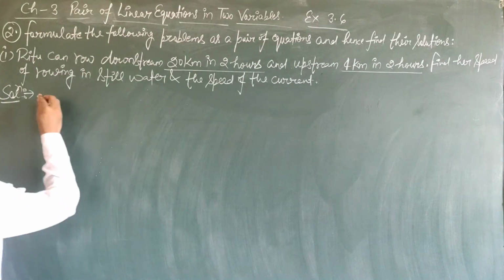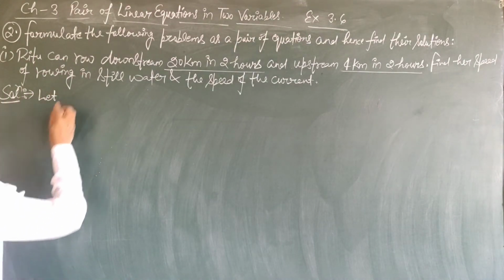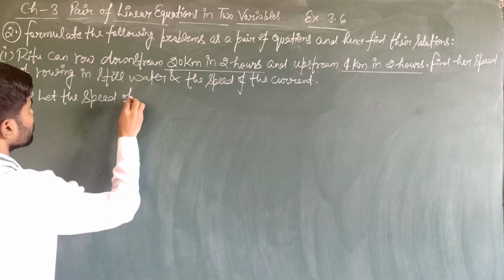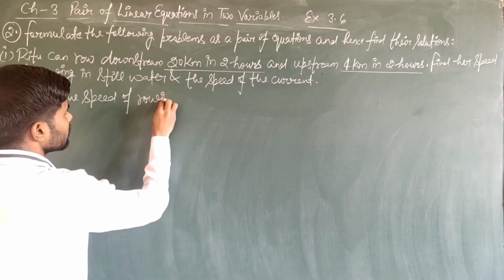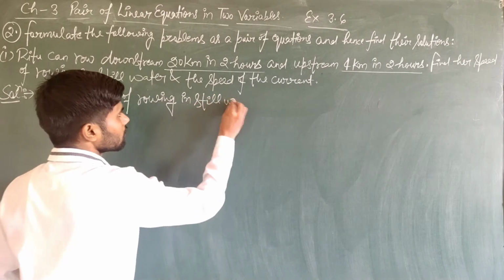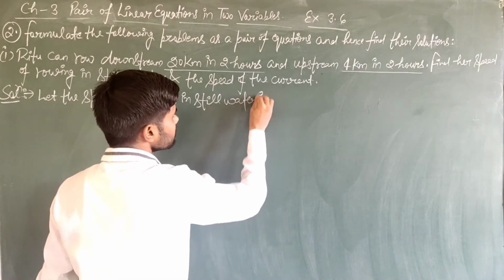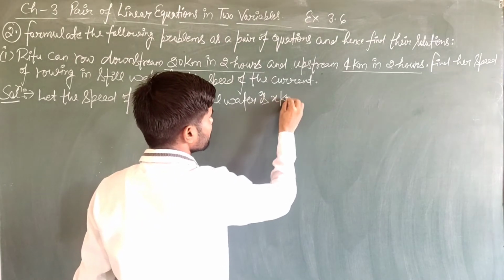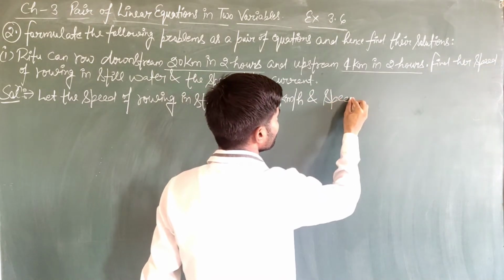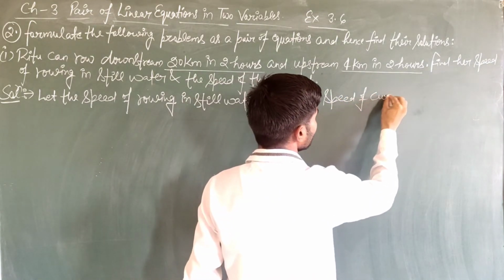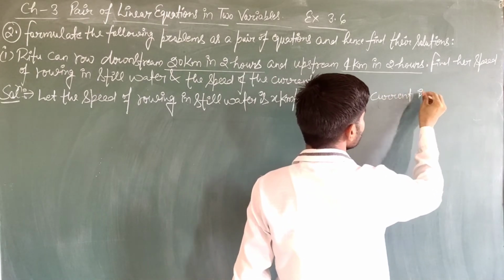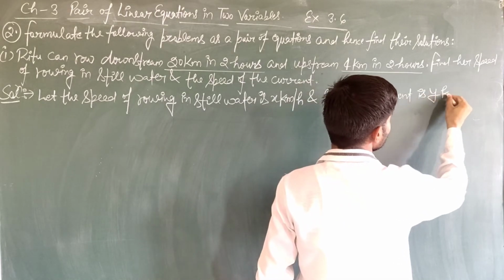The question is simple. Let the speed of rowing in still water be x km per hour and the speed of current be y km per hour.